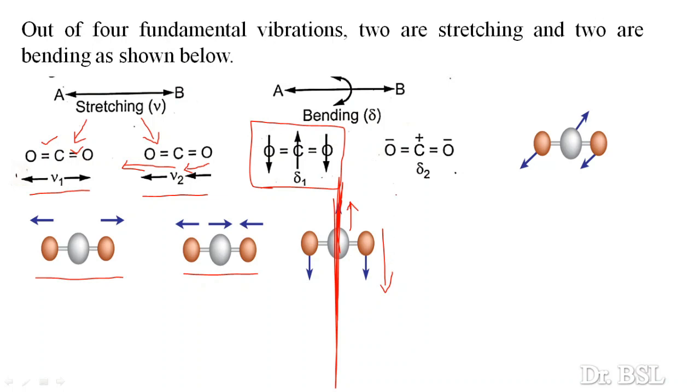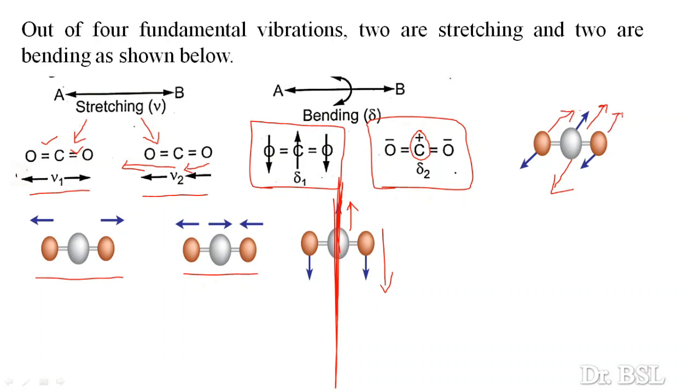And the fourth vibration is not in the plane of this screen. So this plus sign indicates that this carbon is coming out of the screen towards us. It is shown in this diagram. It may go below the screen when these two oxygens are coming out of the screen.